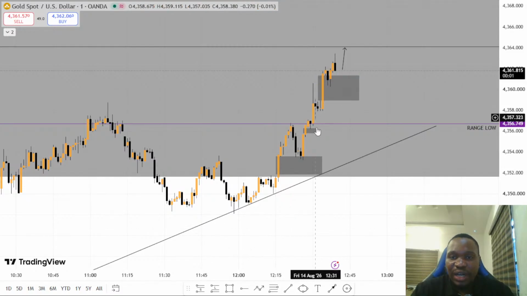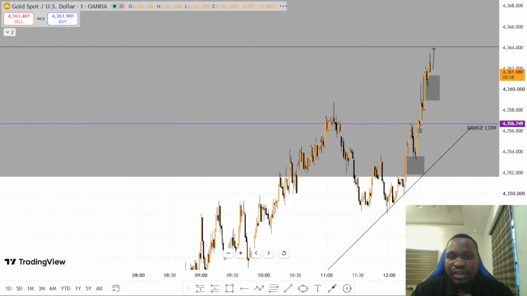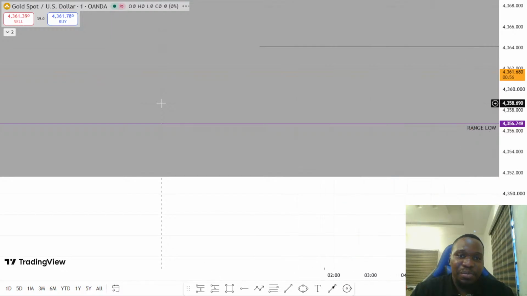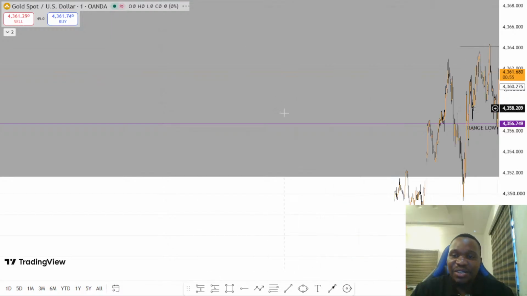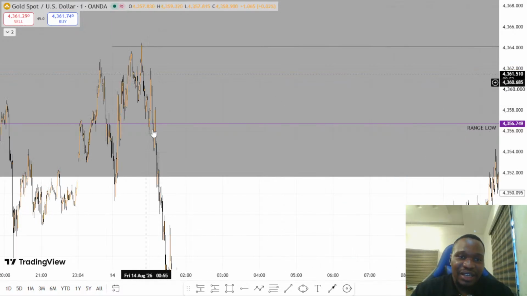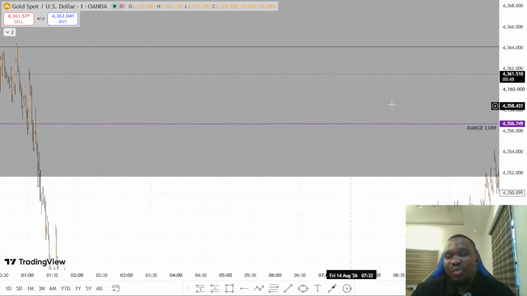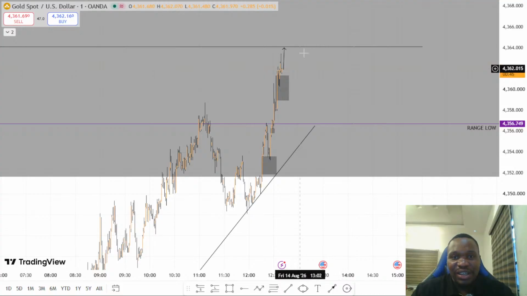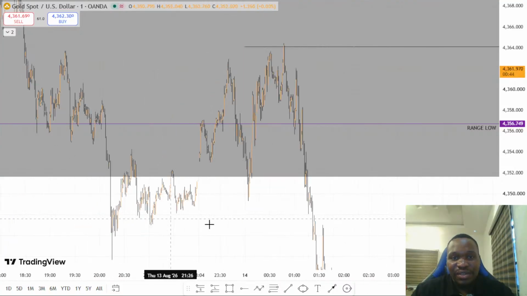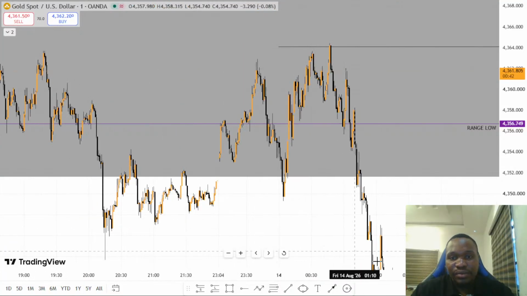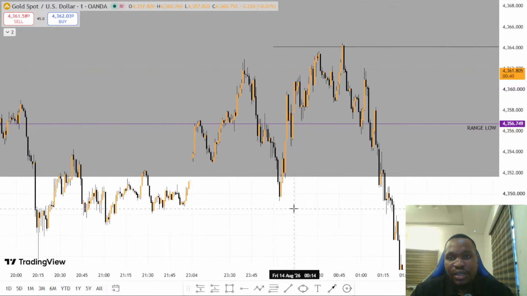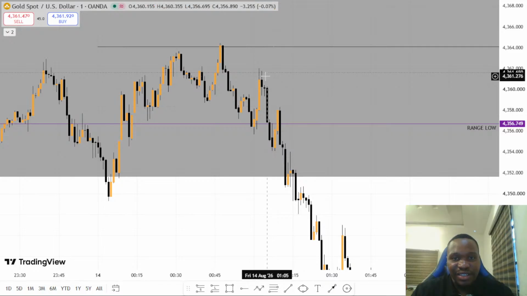If we mark out this bullish order block and come backwards in price action, you can still find a bearish order block at this point. Let me even show you one so that you see. So here is a bearish order block right here.